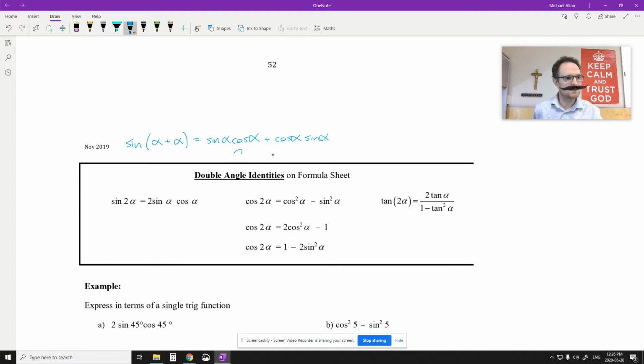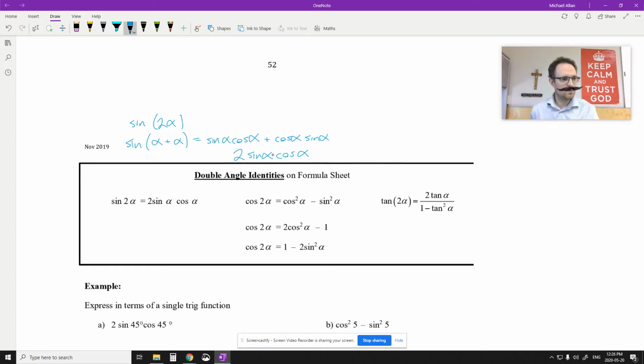And these are just both the same. They combine together, and you get 2 sine alpha cos alpha. So that's where that one identity comes from. So this is where the 2 alpha comes from. Just a quick little easy proof.